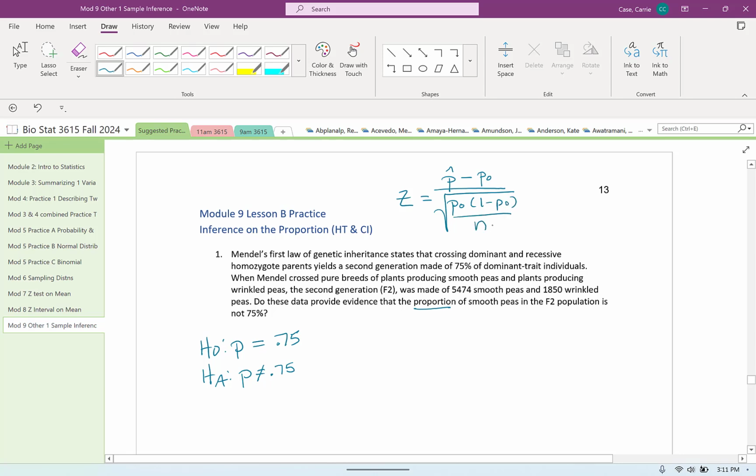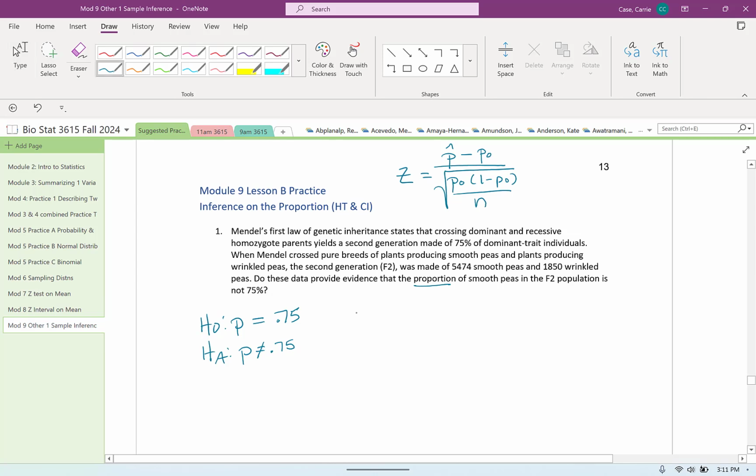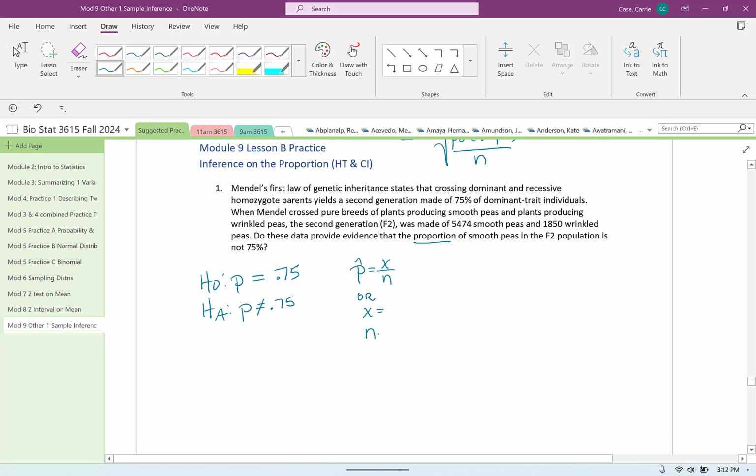All of that is under the square root sign. All right, so to be able to do this test, we need p hat, which is x over n. And remember, we can have either p hat or x. We're also going to need n for this test.